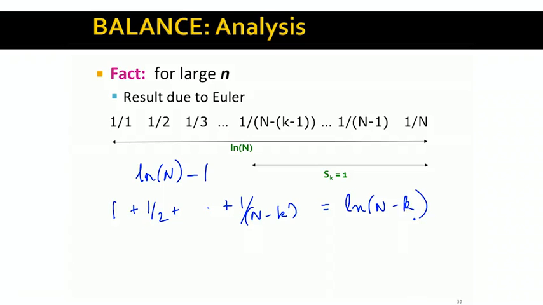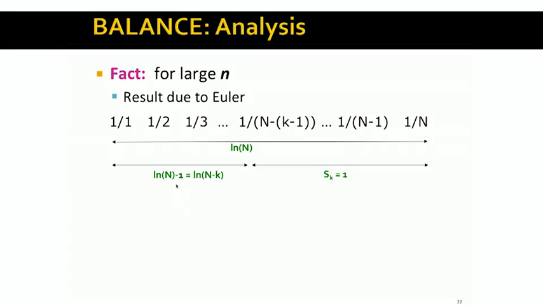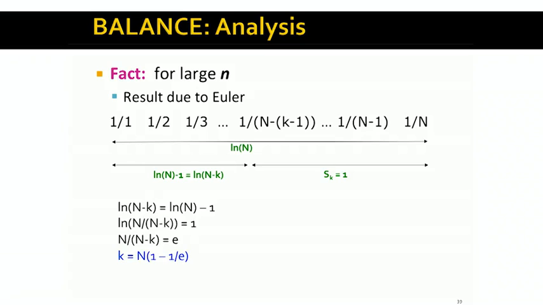Okay, so there are two ways to write the sum of the first n minus k terms of the series, as ln of n minus k and as ln n minus 1. And so it must be the case that ln n minus 1 is equal to ln of n minus k, and when I solve that for k, that gives me n divided by n minus k is equal to e, or k is equal to n times 1 minus 1 over e.